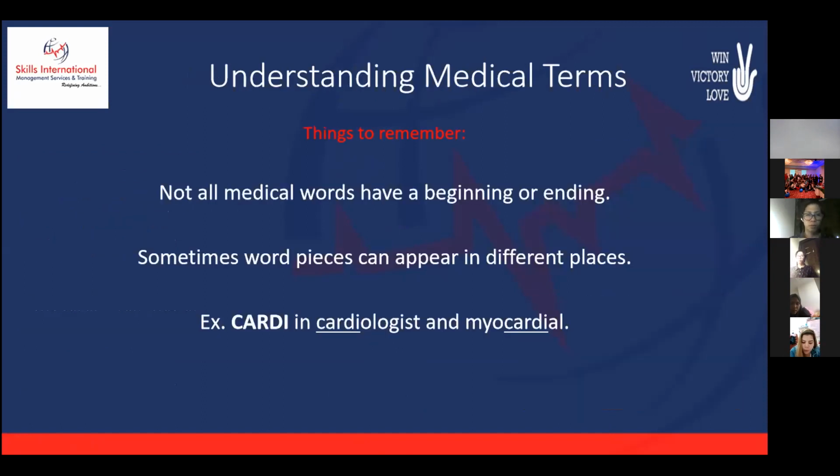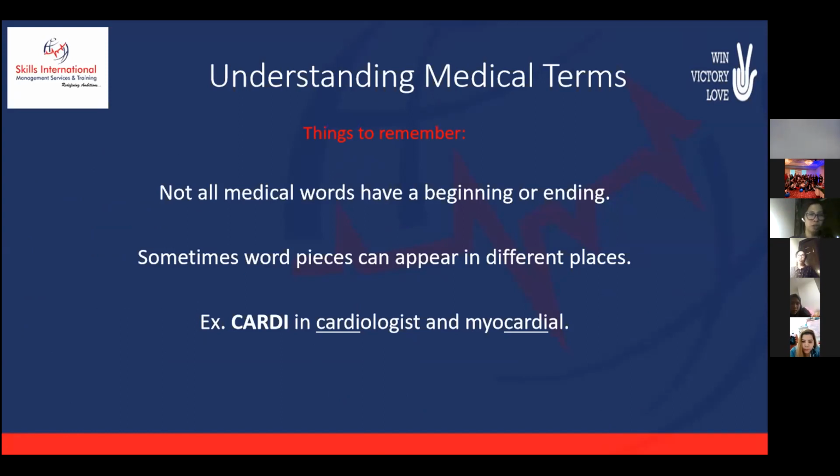Okay? So, your root word can be intermixed. Pwedeng wala siyang prefix, walang suffix, or si root word pwedeng nasa unahan, nasa gitna, or nasa dulo, or kahit saan. So, just like the word, cardiologist. So, eto, heart, cardiologist, siya yung tao na nag-aaral sa heart.